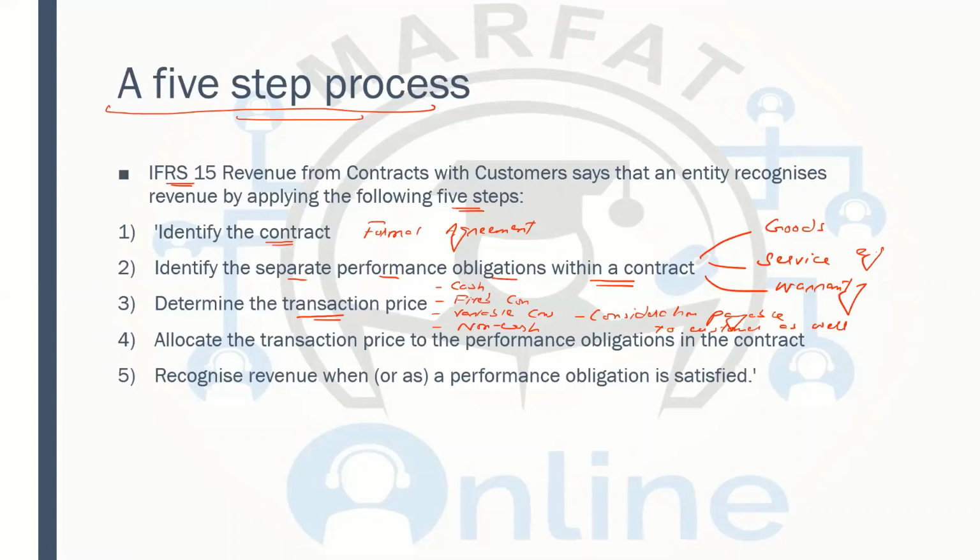For example, you go to a telecommunication company and you buy yourself a phone. They give you a phone, that is the goods. And alongside the phone, they give you a service contract, for example, for 2 years.